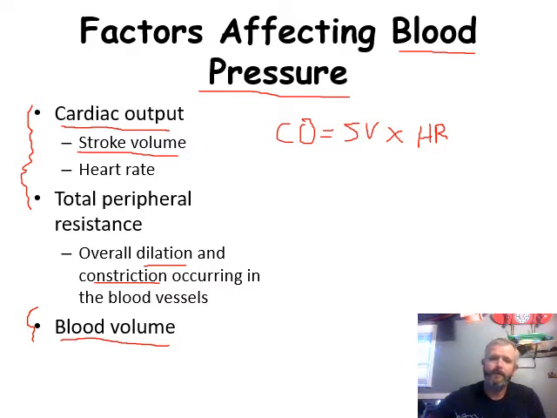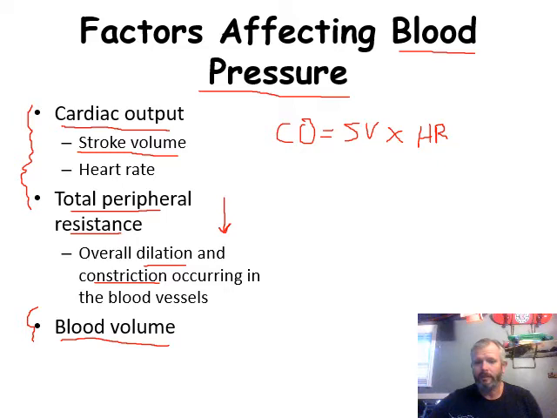You have vessels throughout the body, and certain regions can be dilated, and certain regions can be constricted. When you exercise, you have large dilation to the muscles that you don't have when you are at rest. If you add it all together, that gives you your total peripheral resistance. So if you have dilation, total peripheral resistance actually goes down.